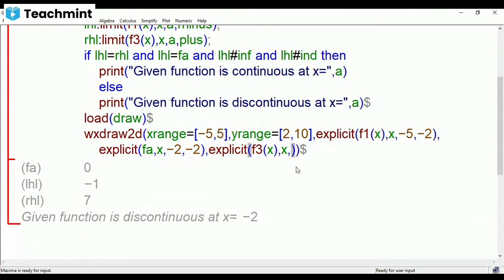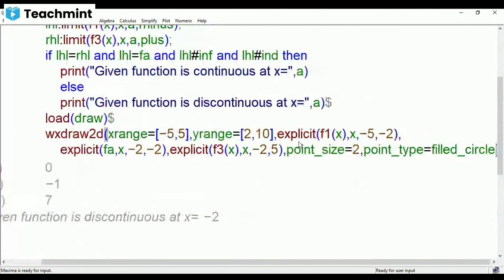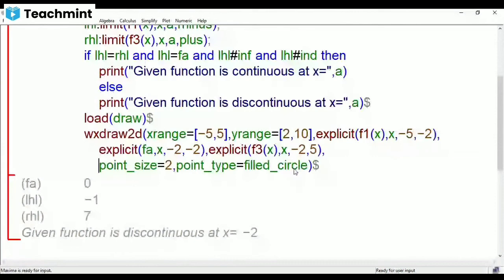This gives you the right hand graph. And I want a point at A. So point_size equal to 2, point_type filled_circle. I can write this one also in the next line.